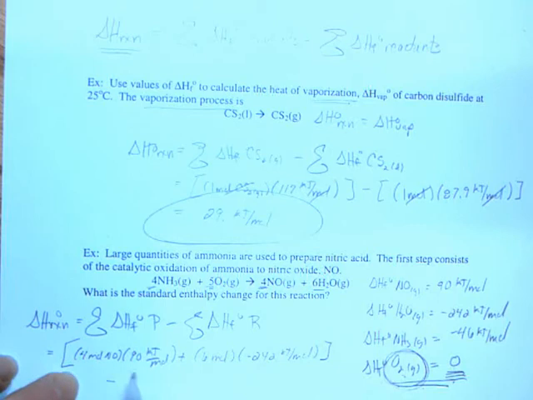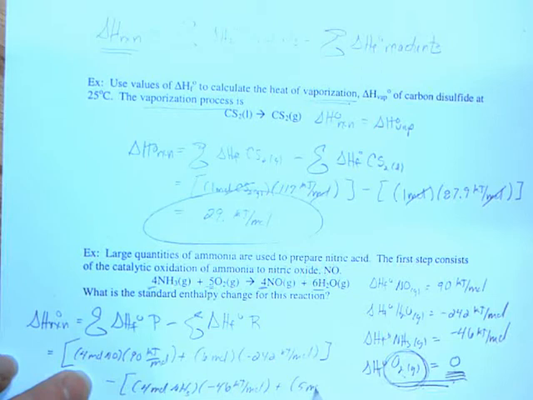I will subtract from that 4 moles of NH3 times negative 46 kilojoules per mole, plus 5 moles of O2, but of course multiplied by 0.